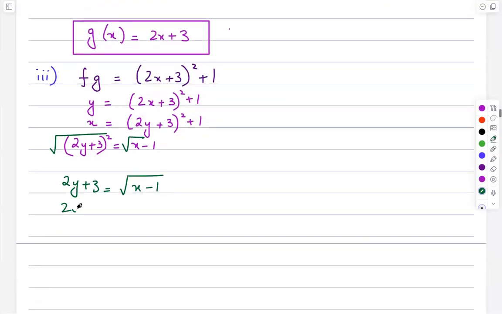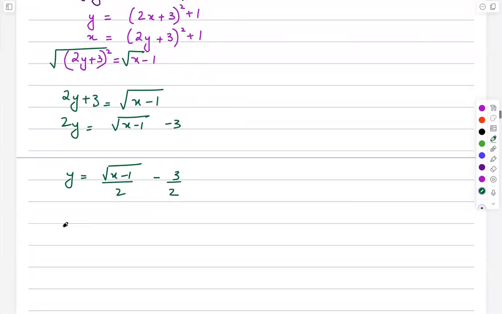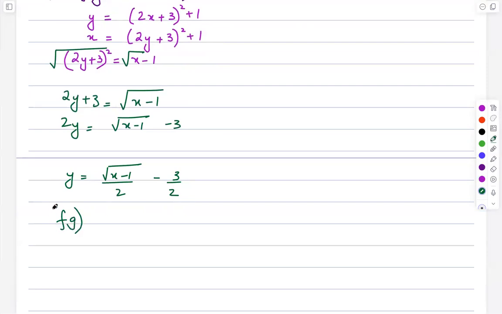We'll subtract 3 on the right-hand side, and finally dividing the whole right-hand side by 2, this will become root of x minus 1 upon 2 minus 3 upon 2. So the expression for fg inverse will be equal to square root of x minus 1 upon 2 minus 3 upon 2.